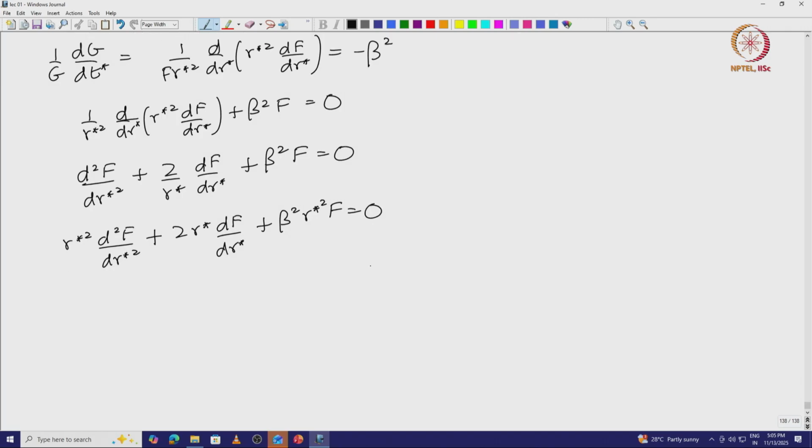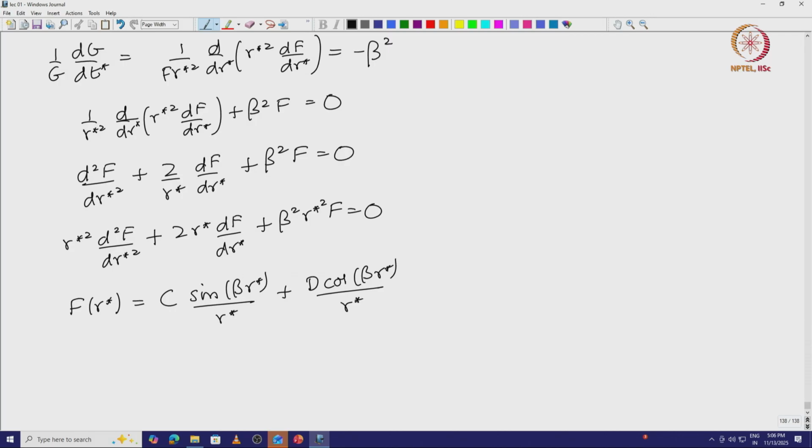Turns out that this has a solution, f of r star is equal to c sine of beta r by r plus d cos of beta r by r.